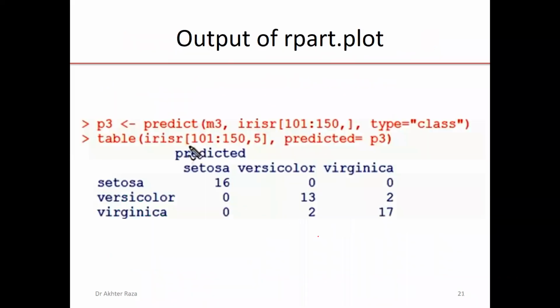Now the output is this. The 2 misclassifications are here, and here we have 4 misclassifications. The misclassification rate is 4 by 50, while the misclassification rate was 3 by 50 in C 5.0. So in rpart we have a misclassification rate of 4 by 50, and C 5.0 is better on this data set.